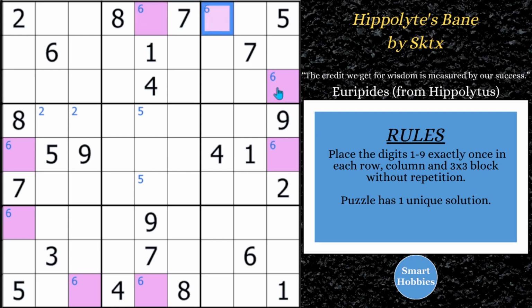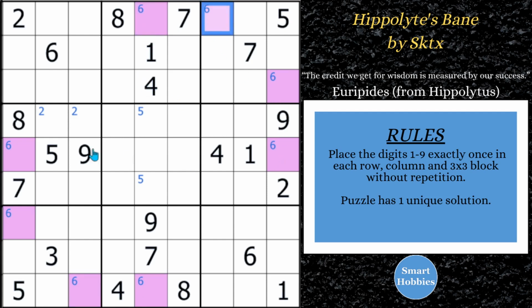They have a weak link to this 6 because a 6 could technically be right here, but what a weak link means, if this is true, then everything else in this block would be false. And so strong link to this 6, weak to this 6, another strong link here because there's only 2 of them, a weak link to this 6, strong link here, weak here, strong here, and then you go all the way back up to the top and with a weak link and then back to strong.